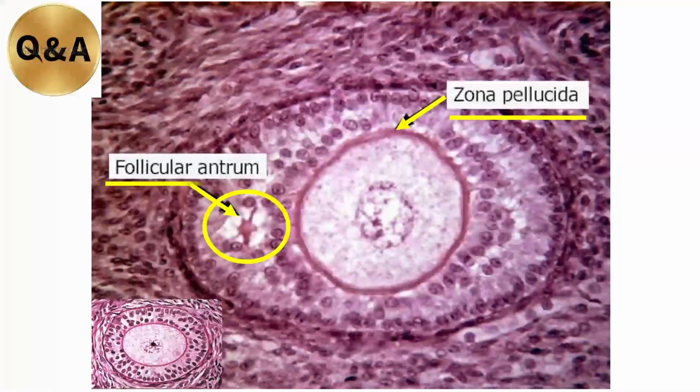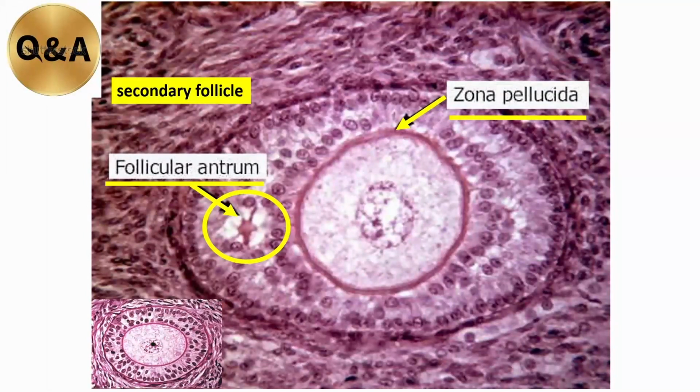This small space is going to change the name of this follicle. Any space is called an antrum, and this is a small antrum. Therefore, this development is going to change the name of this follicle from primary follicle into secondary follicle.